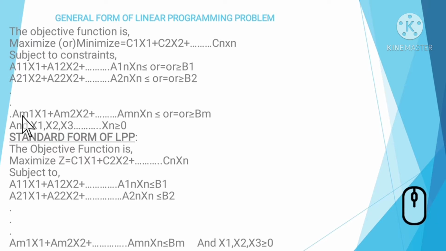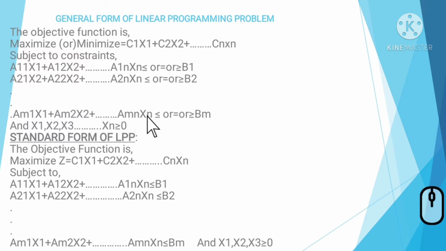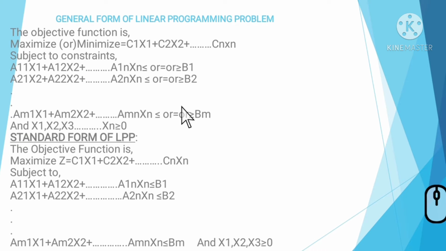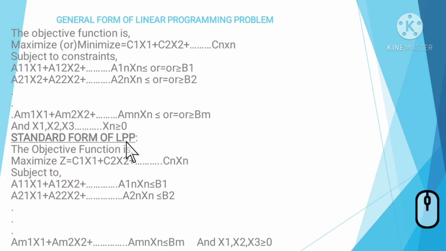This extends to am1x1 + am2x2 + etc. + amnxn less than or greater than or equal to bm, and x1, x2, x3, etc., xn greater than or equal to 0.